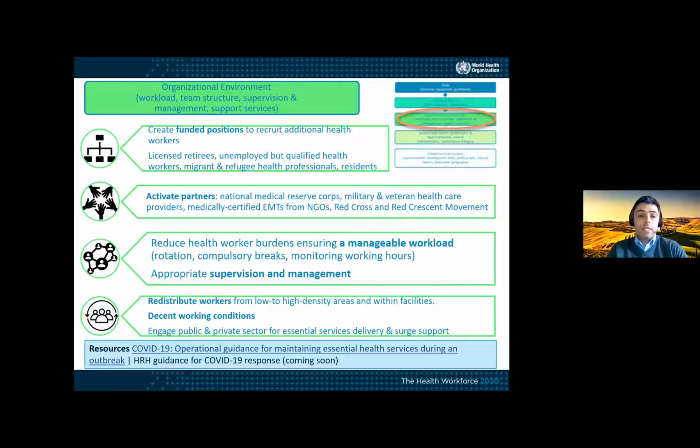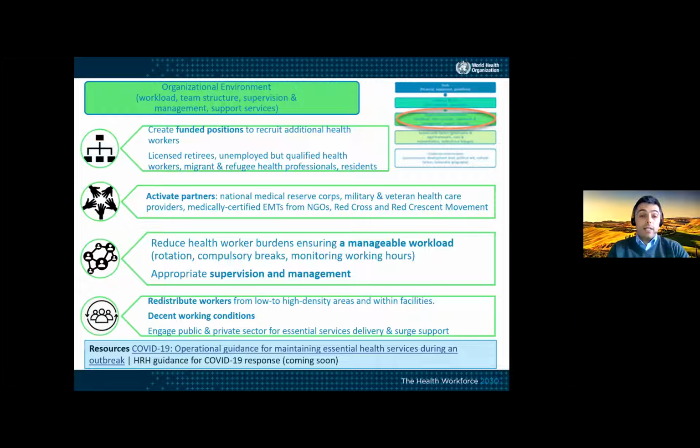There are measures that have to be considered, including rotating between high intensity and low intensity tasks to prevent burnout, having compulsory breaks, monitoring working hours, and a range of related strategies. Of course, this requires appropriate supervision and management.